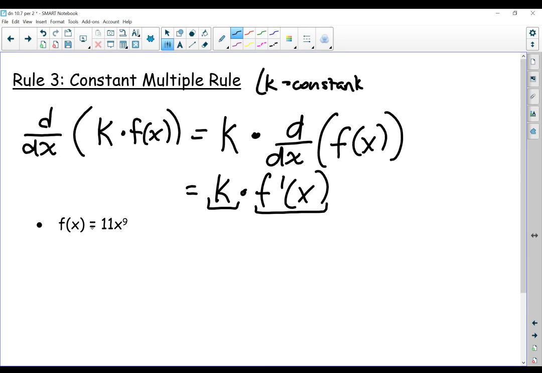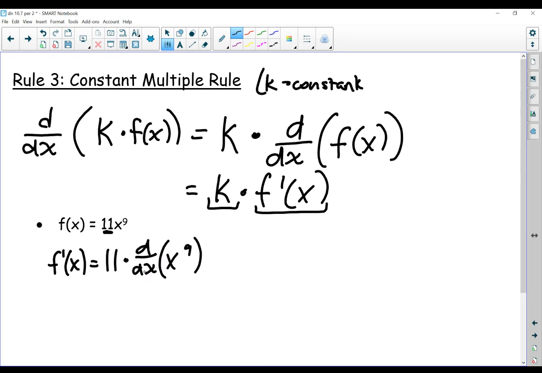But for example, if I have 11x to the 9th, 11 is what we call a constant multiple. It's a number that's being multiplied and vertically stretching the x to the 9th. So when I take the derivative here, I'm going to show you the very long way. It would just be 11 times whatever the derivative of x to the 9th is.